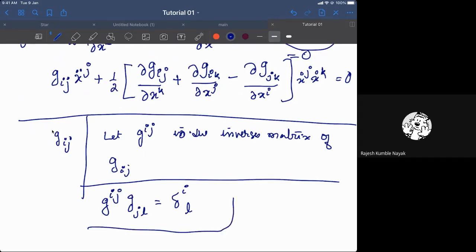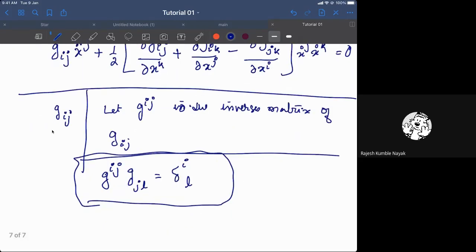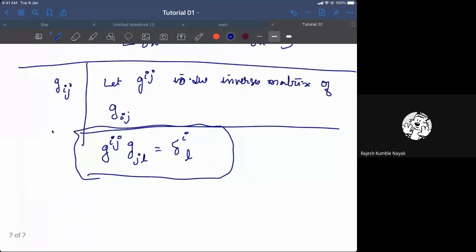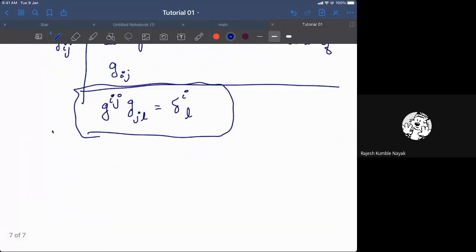Okay, then let's do this business. Let's multiply the inverse G by the Lagrange equation of motion. It should not change anything because the whole expression is equated to 0. So I'm going to multiply by G^{li} to the whole thing.